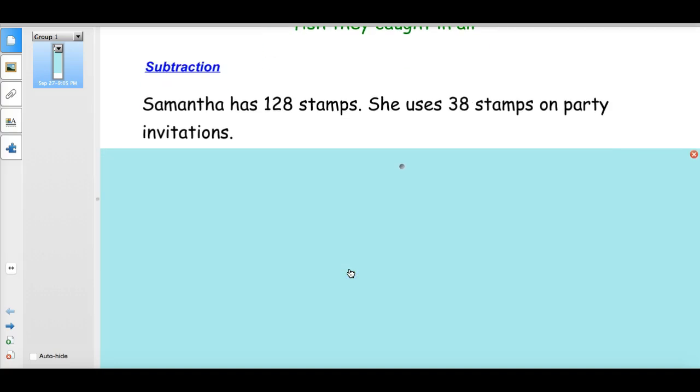Samantha has 128 stamps. She uses 38 stamps on party invitations. So we're supposed to use a numerical expression to show what's happening in this word problem. First of all, I want to look at my numbers. Samantha has 128 stamps. She uses 38 stamps. Now my clue word in this word problem is uses.